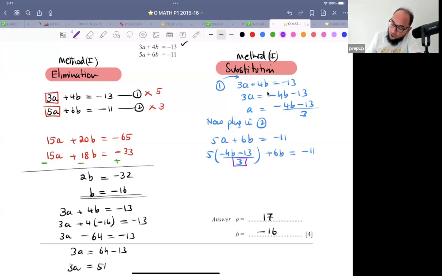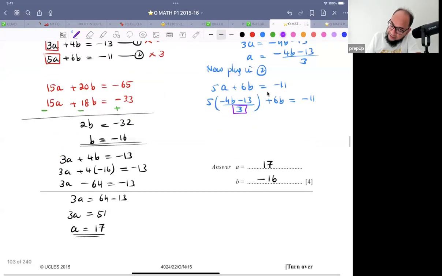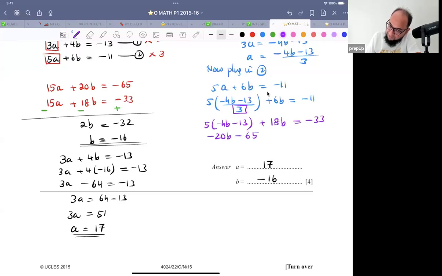Multiply throughout by 3. So this 3 will cancel out. So 5 into negative 4b minus 13, 3 into 6, that is 18b, 3 into 11, that is negative 33. Minus 20b minus 65 plus 18b is equal to negative 33.